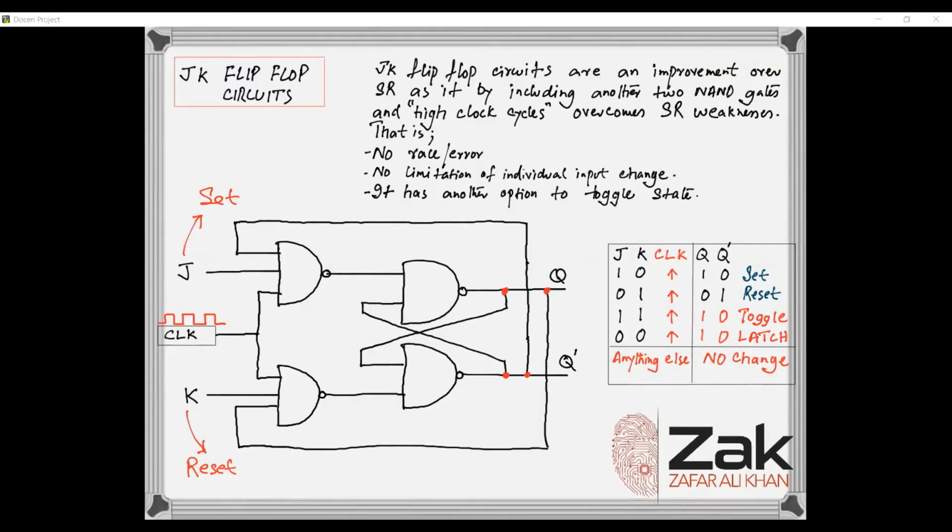JK flip-flop circuits are an improvement over SR, by including another two NAND gates and high clock cycles, and that overcomes SR weaknesses. What are those weaknesses? Errors, and limitation of individual input.